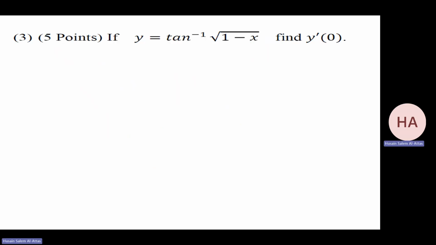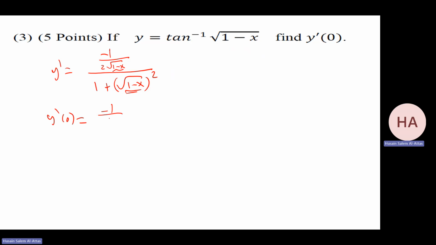y equal tan inverse of square root 1 minus x, but will be f prime at 0. y prime is 1 over 1 plus this square, times the derivative of this, which is 1 over 2 root 1 minus x, times the derivative of 1 minus x, which is -1. Now we need to find y prime at 0.